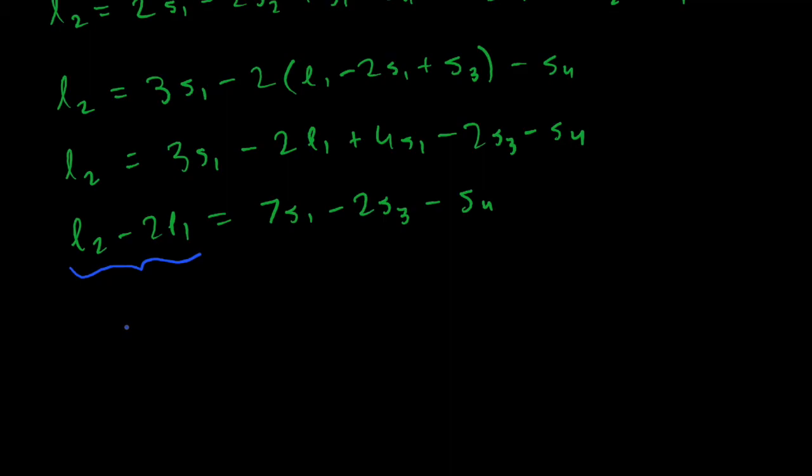Well, the correct answer would be that it is a constant, equal to 0, because the length of the rope doesn't really change. And if we take the derivative of the constant, then we get 0. So this will be equivalent to 0 equals 7 times v1, because the derivative of a displacement is a velocity, minus 2 times v3 minus v4.